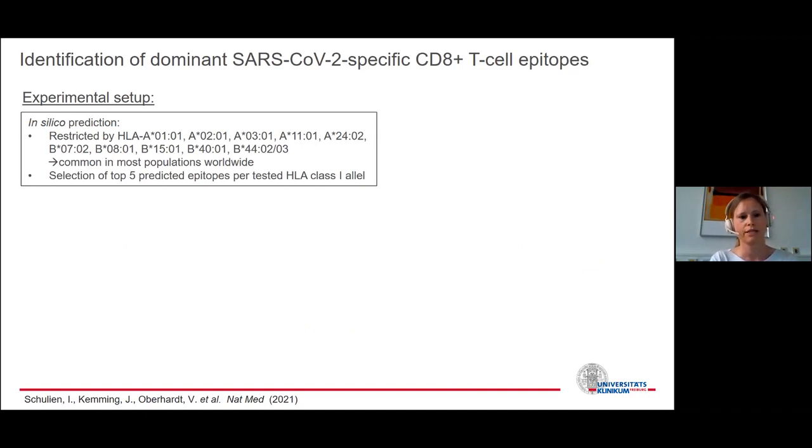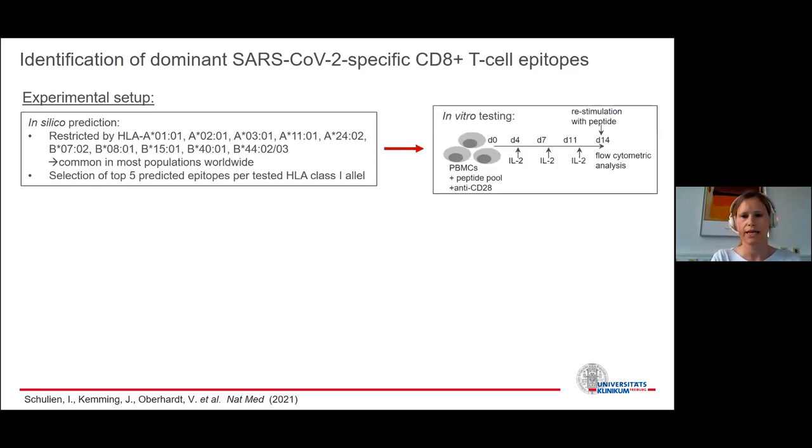We selected the top 5 of the predicted epitopes and then stimulated PBMCs with the peptide pools for 14 days, then re-stimulated the cells and performed flow cytometric analysis.